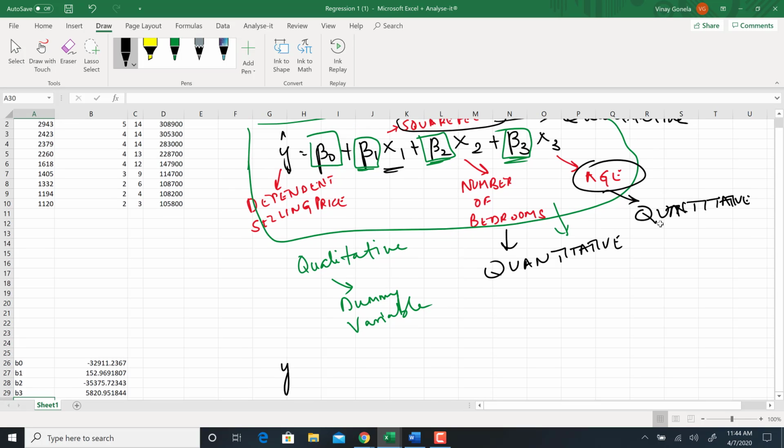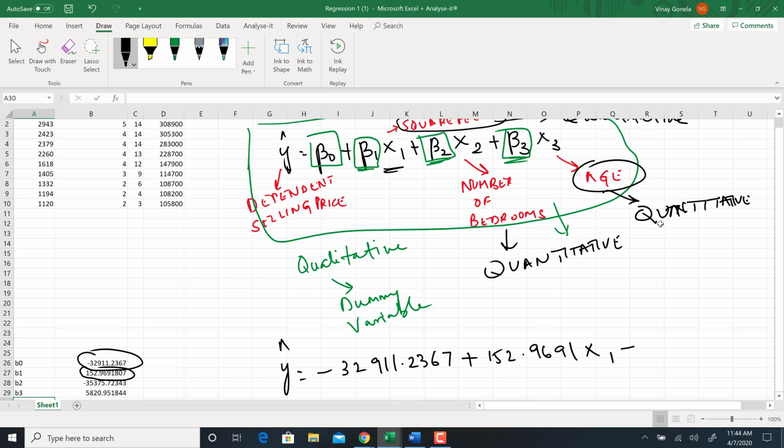Y hat is equal to, our beta naught value is this one, which is negative 32911.2367 plus B1 is 152.96. So let's stick to maybe 4 decimals, 9691 x1. It depends on how many decimals you want.